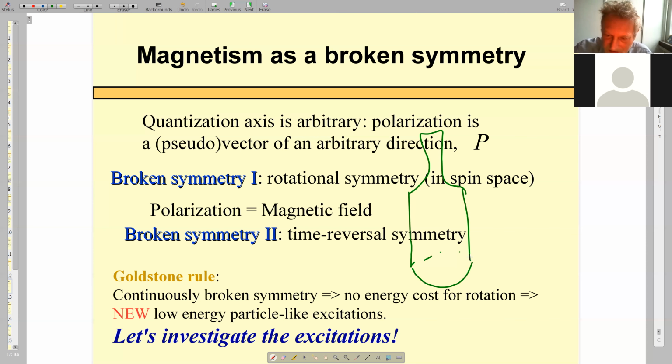Well, because, you know, there's a potential maximum right in the center. So if you put a particle into the wine bottle, it can be here, but it can be also here or here. So this is an example of spontaneous symmetry breaking.